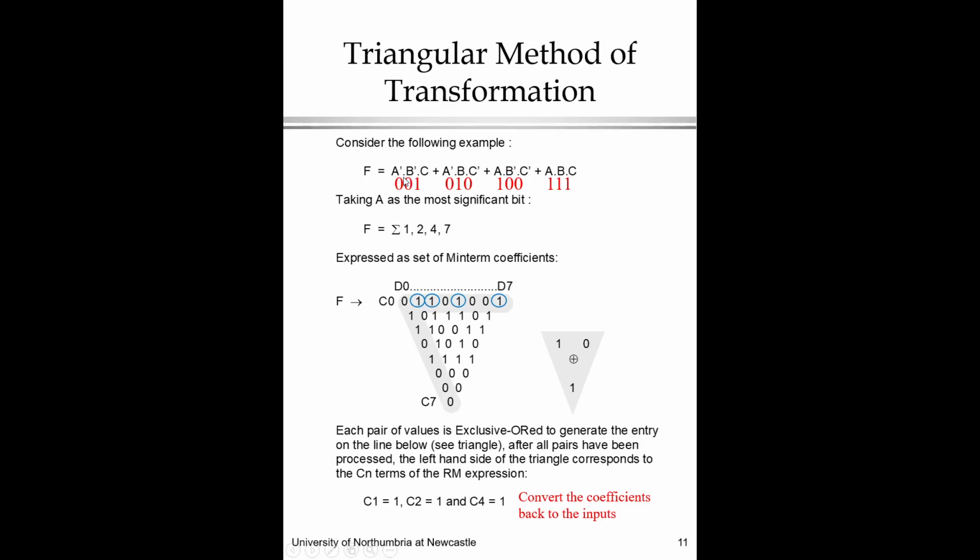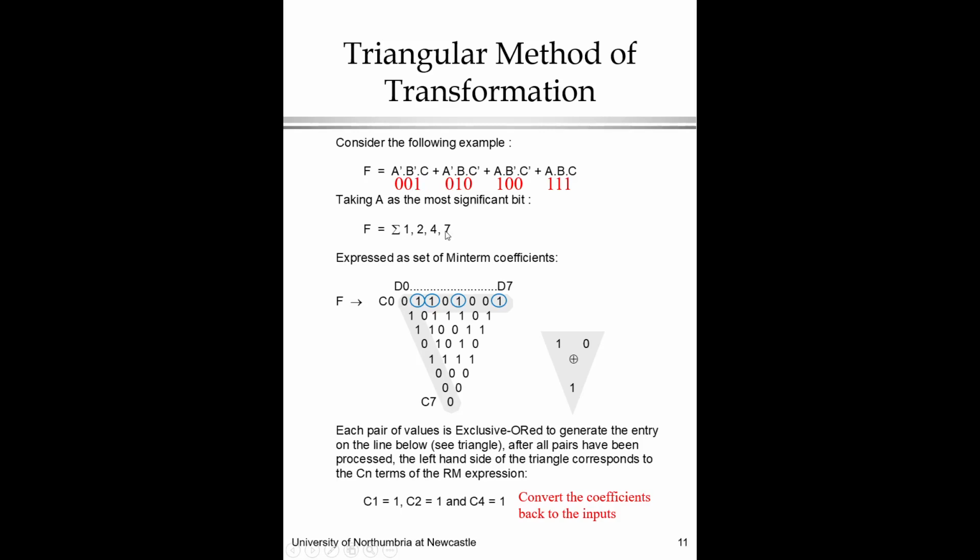So we are going to take this into coefficient form. F is the sum of 1, 2, 4, and 7, because 0, 1, 0 is 2, 1, 0, 0 is 4, and 1, 1, 1 is 7. Because there are only 3 inputs, the highest value of a 3 input can only give you 7.